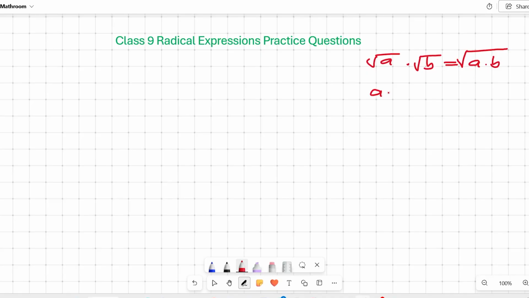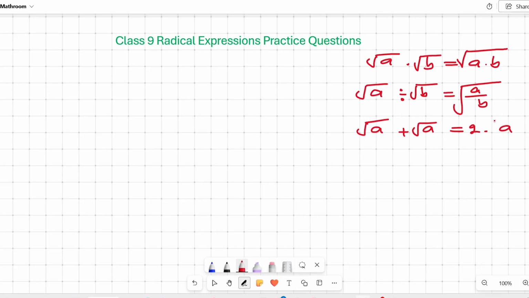The next one, the square root of a divided by the square root of b can be written as the square root of a over b. If we have the square root of a plus the square root of a, it can be written as 2 times the square root of a.